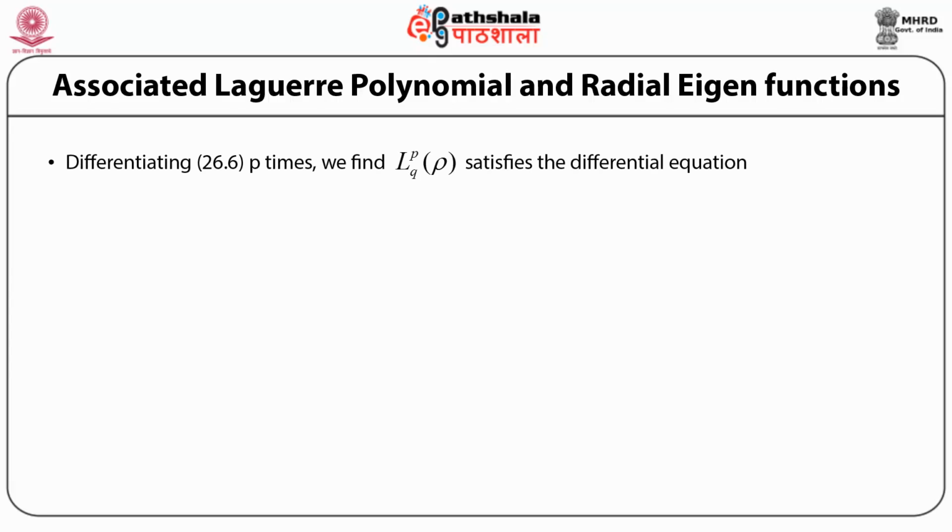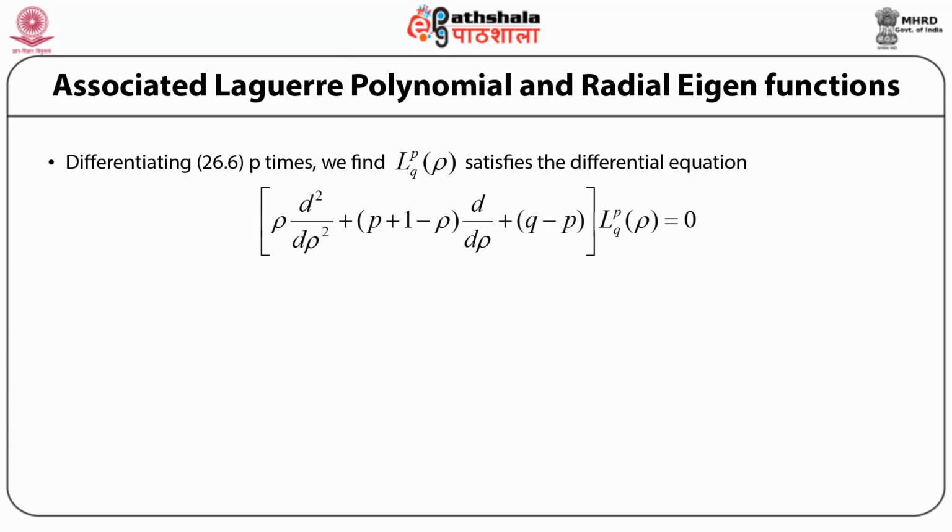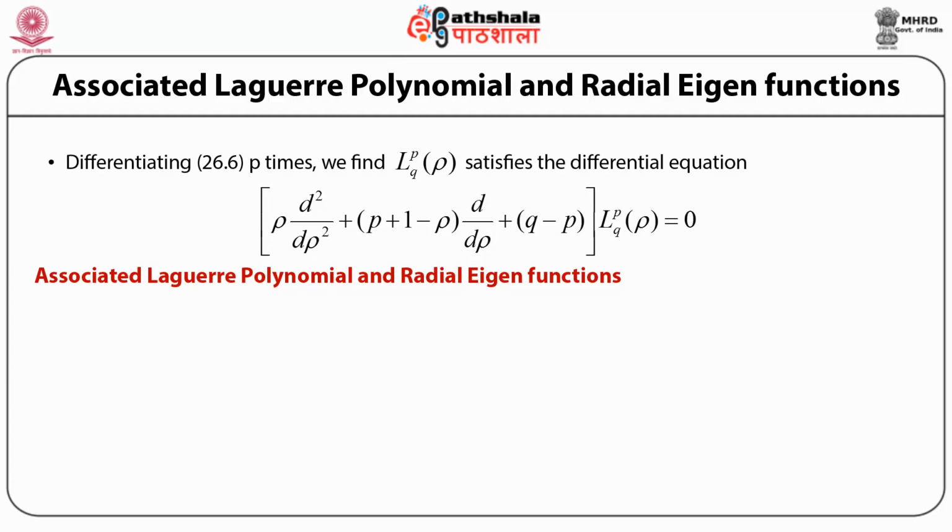Now differentiating the equation 26.6 p times, we find L_q^p(rho) satisfies the differential equation, that is, rho d^2/d rho^2 plus (p plus 1 minus rho) d/d rho plus (q minus p), the whole multiplied by L_q^p(rho) equal to 0.